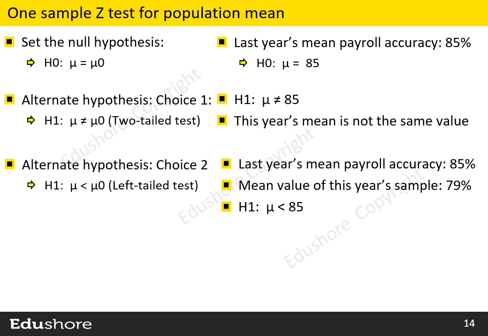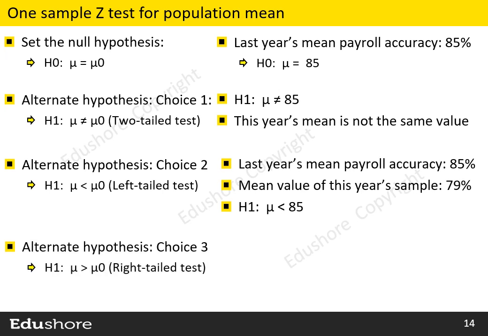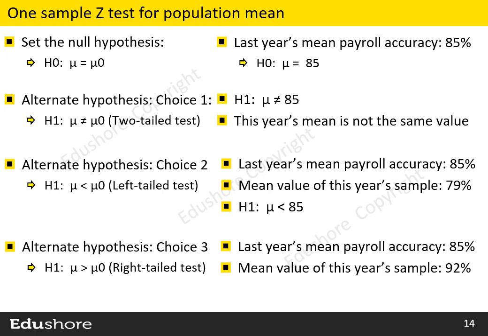Here is the third choice, or the third alternate hypothesis. It is stated as follows. H1 is mu is greater than mu naught. This is called a right-tailed test. For example, last year's mean payroll accuracy is 85%, and the mean value of this year's sample is 92%. So, for this example, the alternate hypothesis statement is as follows.